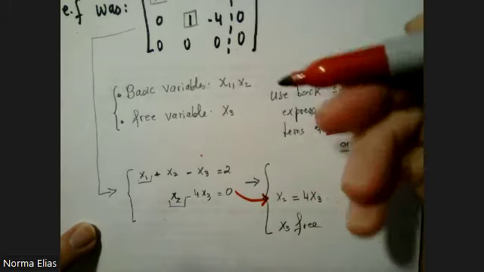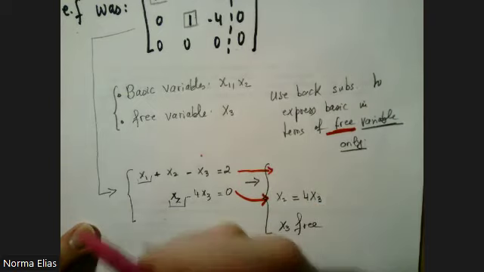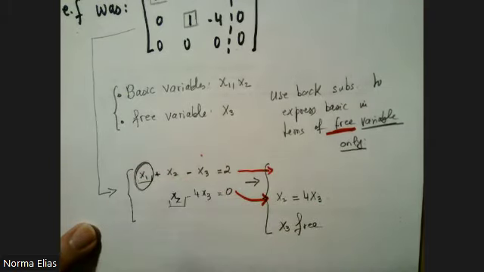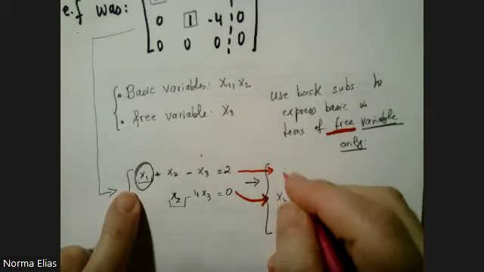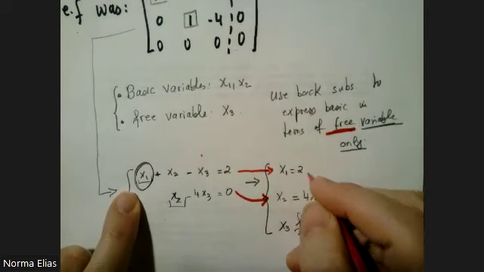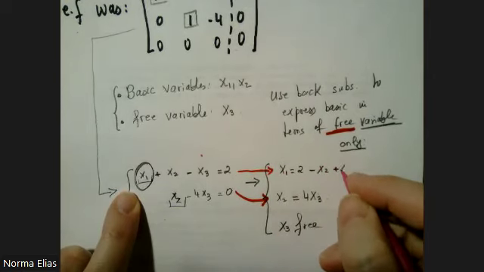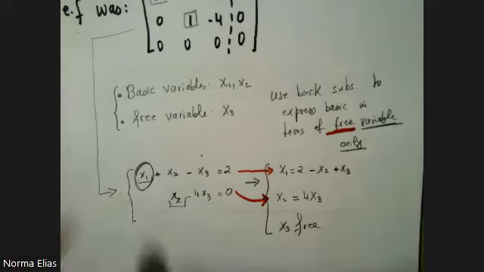That's what I mean by back substitution. Now the first equation I need to use to solve for x1 in terms of x3. So x1 is 2 minus x2 plus x3.